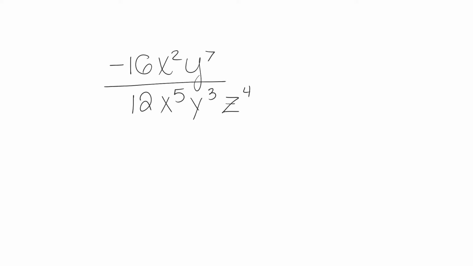All right, so we're going to do this in pieces. We're going to start by just looking at our whole numbers. After that, we're going to simplify our x's. Then we're going to simplify our y's. And then at the very end, we'll simplify our z's. If you want to pause right now and try this one, it's a good time to do it.